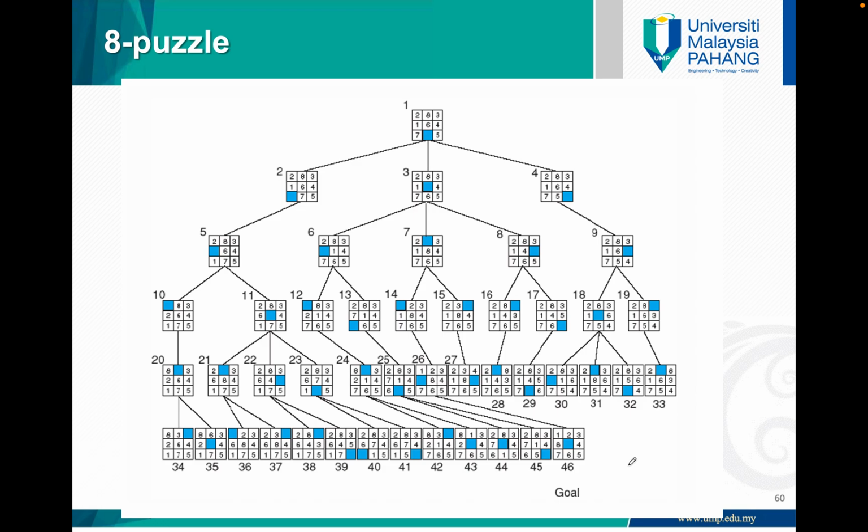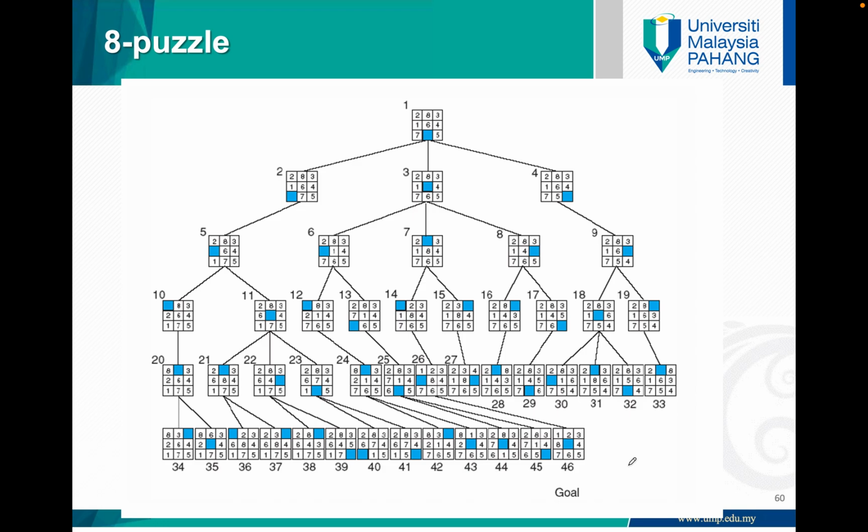The search proceeds immediately to the deepest level of the search tree, where the nodes have no successors. Successors here means the node has no child. It keeps going to the deepest level.